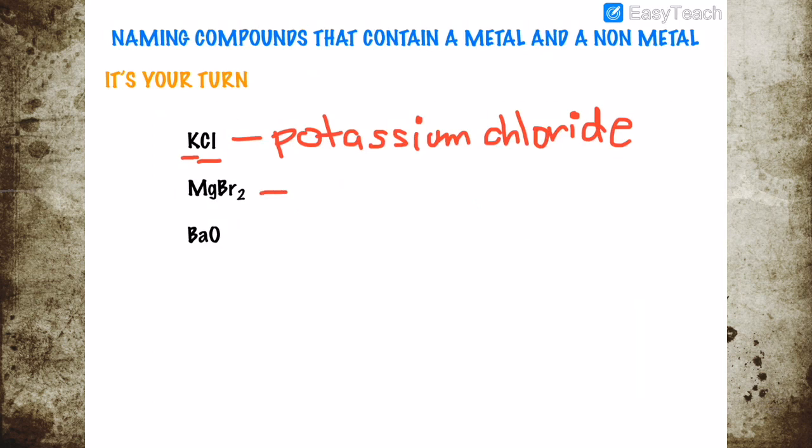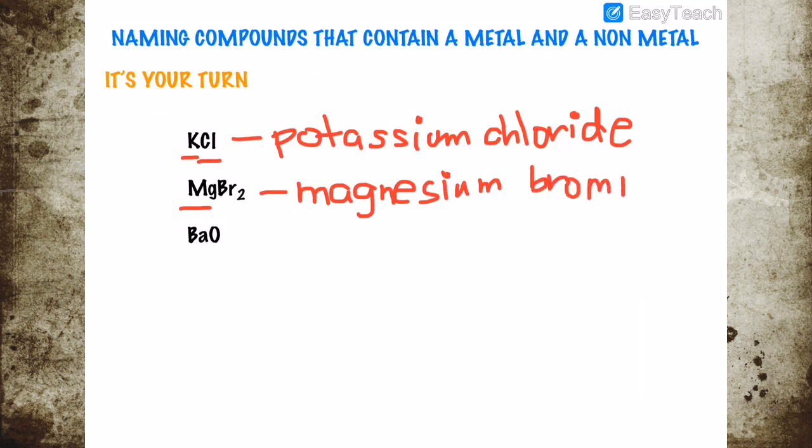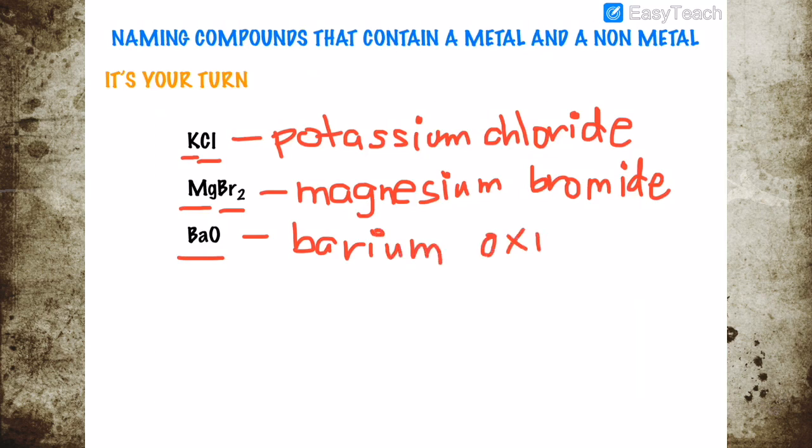The second example, we have Mg, which is magnesium, and our anion is Br, or bromide. Therefore, MgBr2 is magnesium bromide. The last example, we have Ba. Ba is barium, and O is oxide. Therefore, BaO is barium oxide.